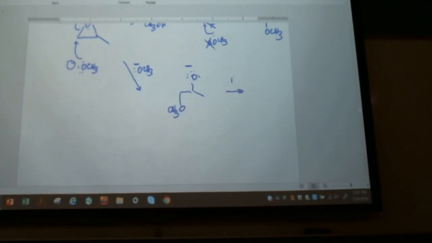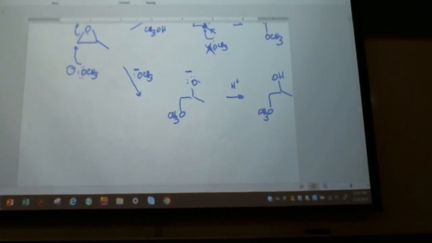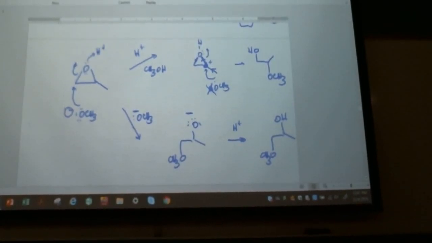And then we toss in the acid, we're going to end up with something like that. And so you can see that what's connected to the carbon with the methyl group is now kind of the opposite.